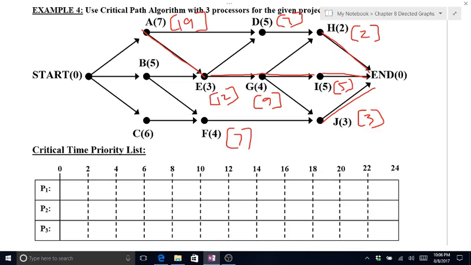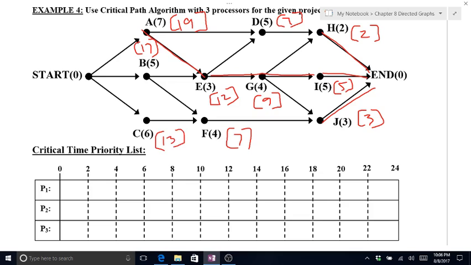Okay. E and F go into B. E is my biggest one, so B has a critical time of 17. And F is the only one that leads into C, which gives C a critical time of 13.